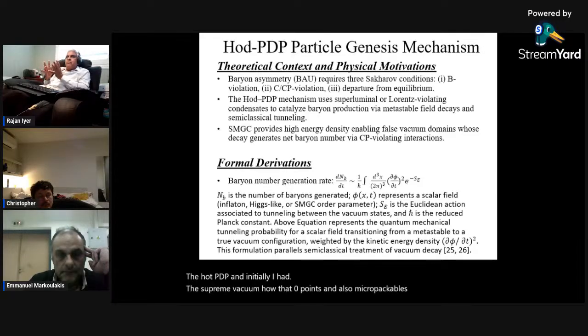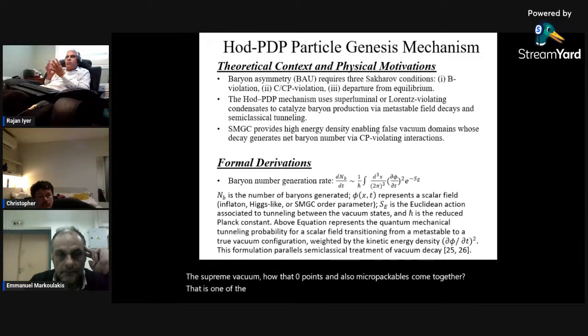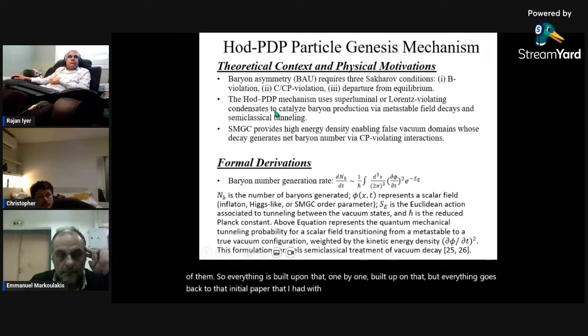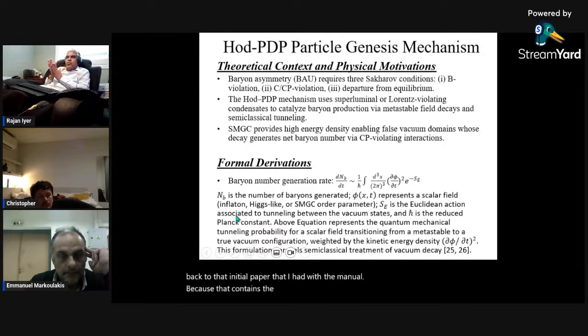That is one of the first papers I published with Emmanuel that formed the basis for the rest of them. So everything is built upon that, one by one, built upon that. But everything goes back to that initial paper that I had with Emmanuel, because that contains the essence of how the vacuum and everything comes out. And his previous work also, he allowed me to be a co-author, helped in this process.